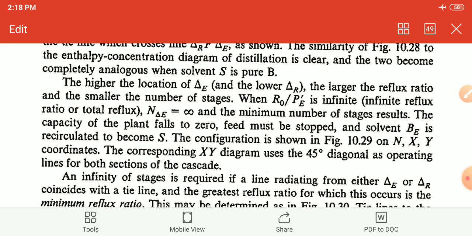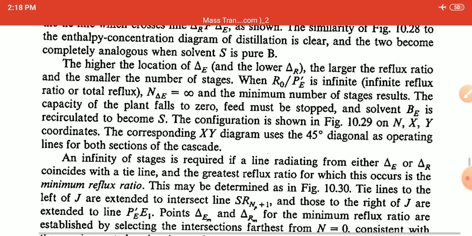When R0 by P dash E is infinite, an infinite reflux ratio is total reflux, and del E is at infinity, and the minimum number of stages results, and the capacity of the plant falls to 0, and feed must be stopped. The solvent is recirculated to become S, and the configuration is shown in figure 10.29 in the n, x, y coordinate system.